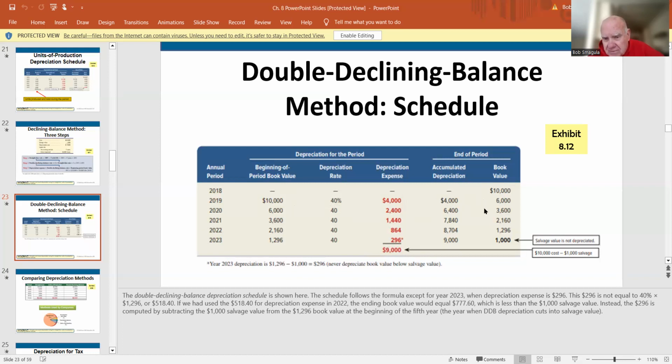The net book value is down to 3,600. What do you notice about this method? It's top loaded. The highest years of depreciation are going to be in the first couple of years. So this is a method companies might choose if they want to scoop up as much depreciation expense in the next couple of years, knowing that the number is going to be lower in the future. There could be strategic reasons companies choose these methods.